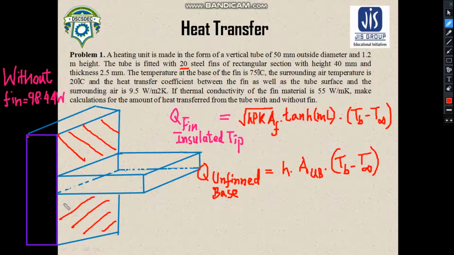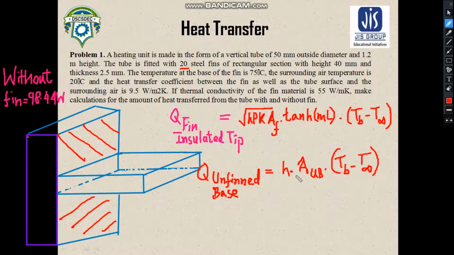The area which remains unfinned between these attached fins, we need to calculate, because heat transfer is taking place through this unfinned area via convection, and that can be simply calculated from this formula, referred to here as Q, the heat transfer for the unfinned base, as h into area of unfinned base into T_b minus T infinity.